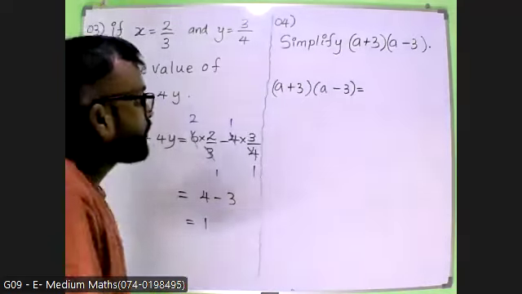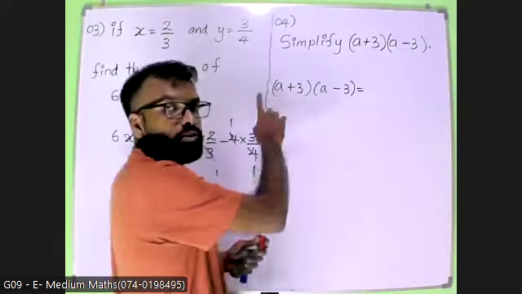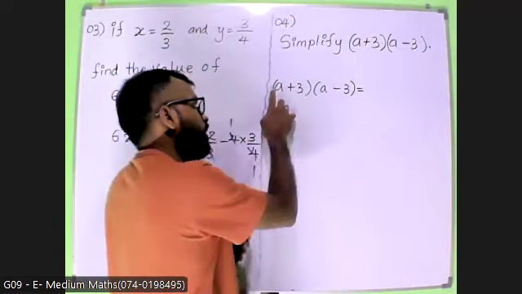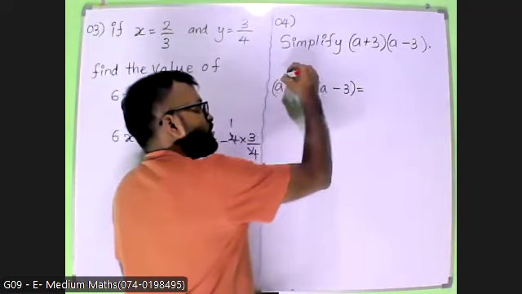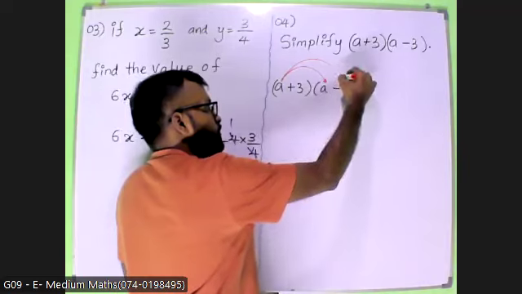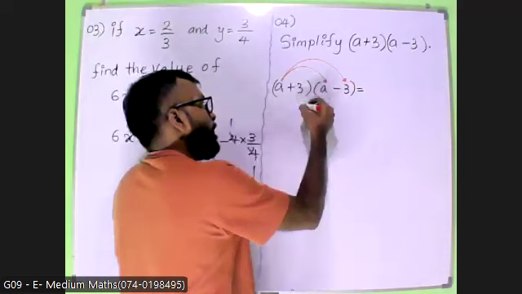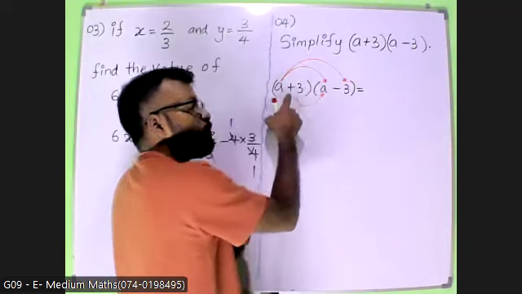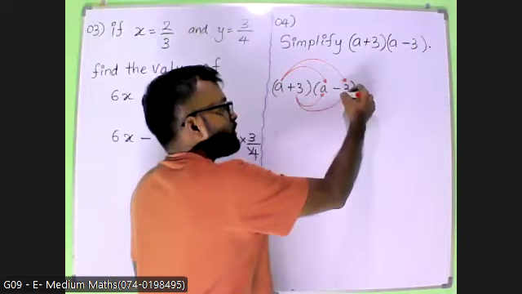Very easy, right? Here you have the first term, which is positive A. By using this, I am going to simplify this term and this term. Secondly, I am going to use positive 3 and simplify this term and this term.